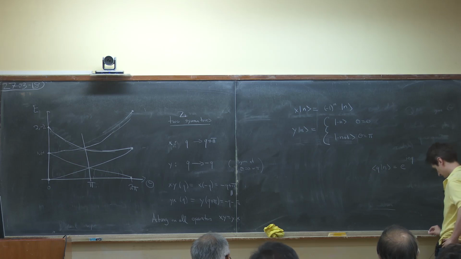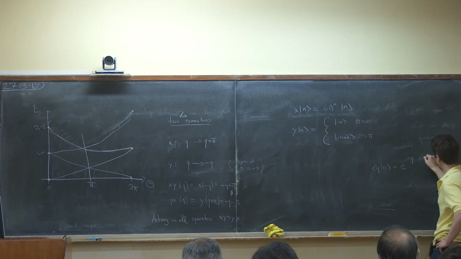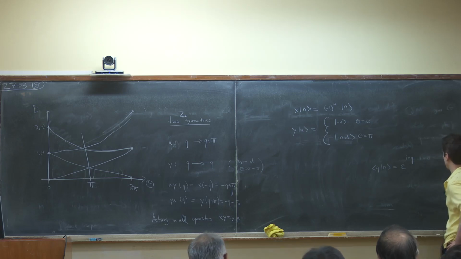And then, what will it be? Yeah, something like this. So if theta is pi, is this right?